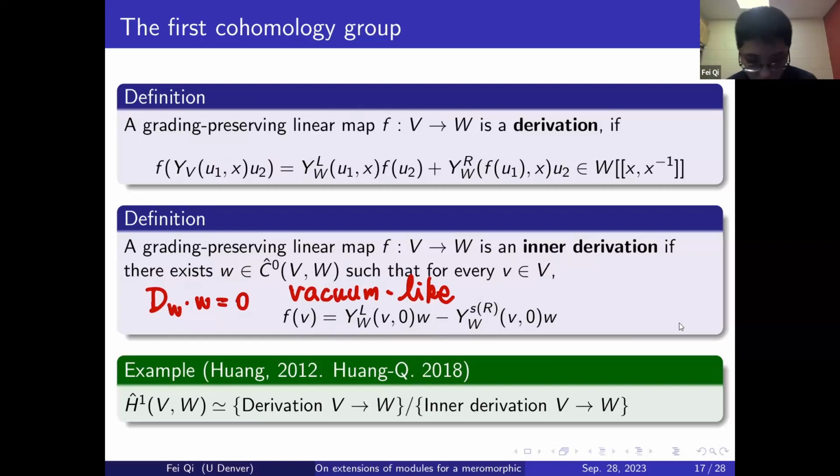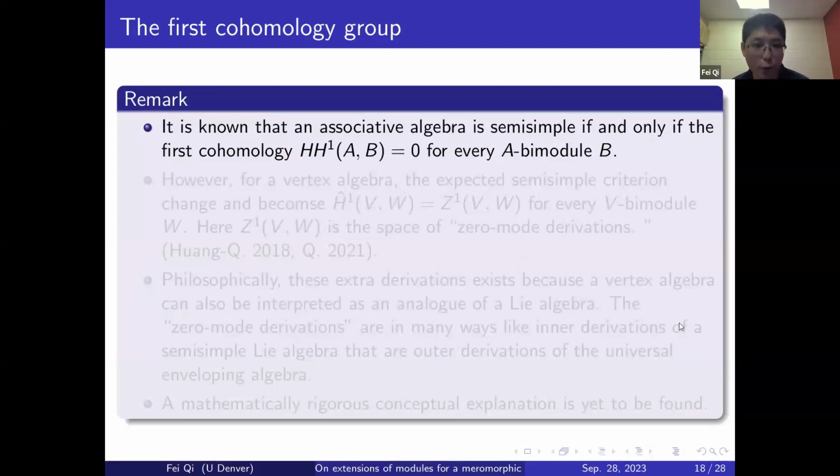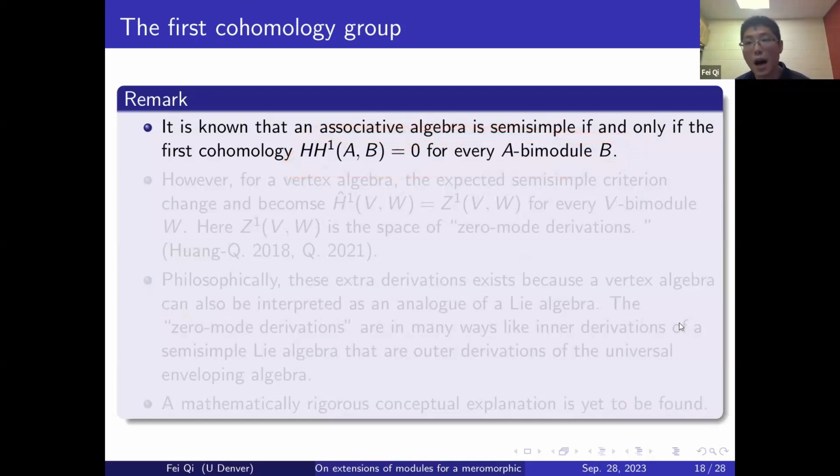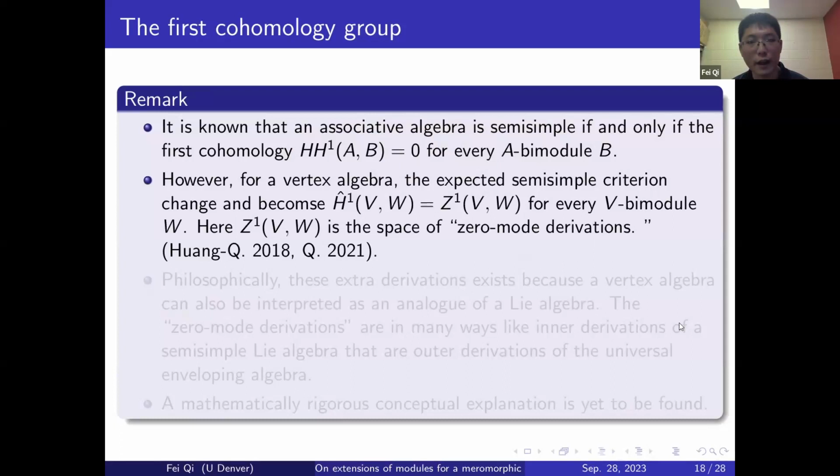Okay, let's continue because I think I'm running out of time. Regarding the first cohomologies in associative algebra, we have the following result. An associative algebra A is semi-simple if and only if the first cohomology vanishes for all A-modules B. Naively, we would think this should hold for meromorphic open-string vertex algebras as well, but unfortunately this is not really the case.